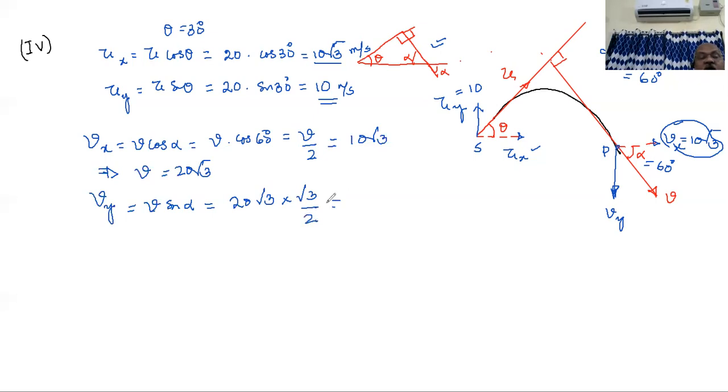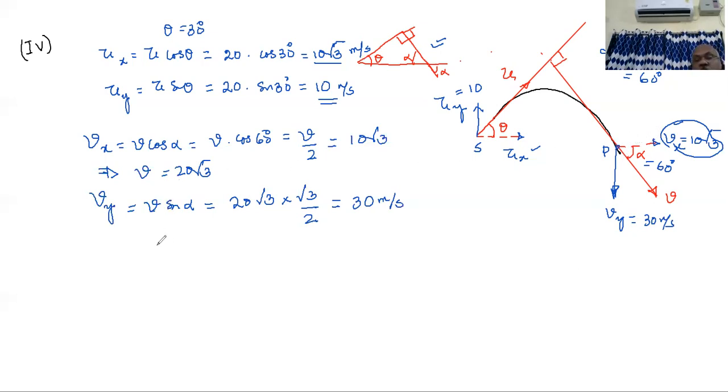So thereby that becomes 30 meter per second. Is it clear? Okay, so Vy we got as 30 meter per second. Now V's y component and x component are known.